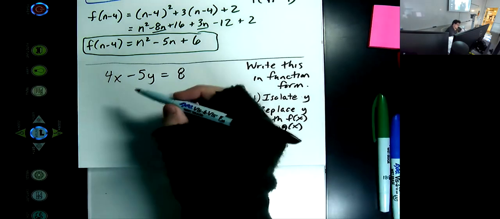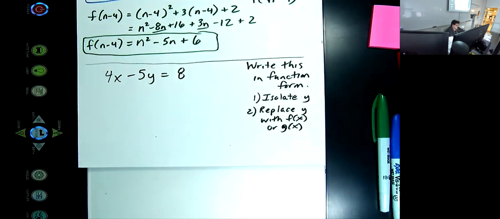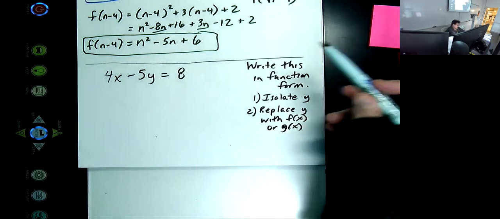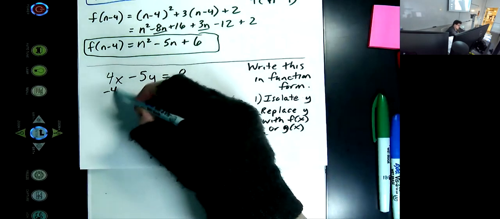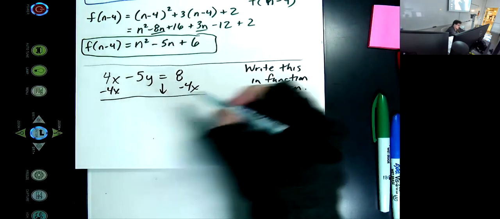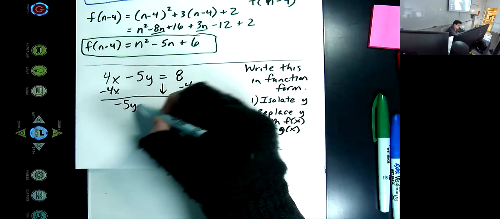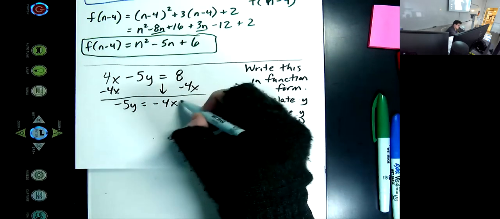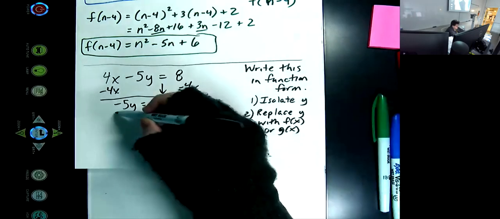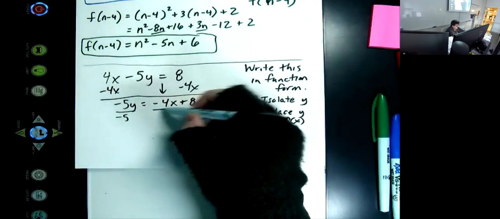So, if I want to get y by itself, that's what isolate means, get it by itself. I'm going to move the 4x first, do subtraction. I get negative 5y equals negative 4x plus 8. And then I'll divide everything by negative 5.